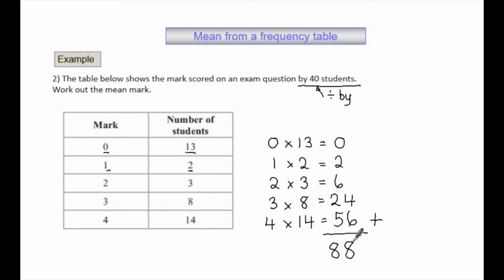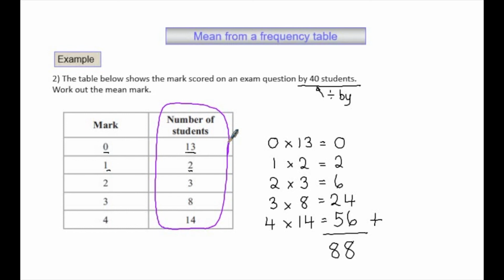So now, just to work out your mean, remember your last step to find the mean, you take that 88 and you want to divide by how many pieces of data there were. So how many students there were. We said it was in the question, but just in case it wasn't, we know our answer should be 40, but it would be this column here that you'd add up if it wasn't given to you.